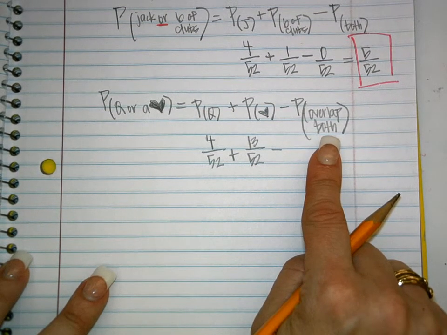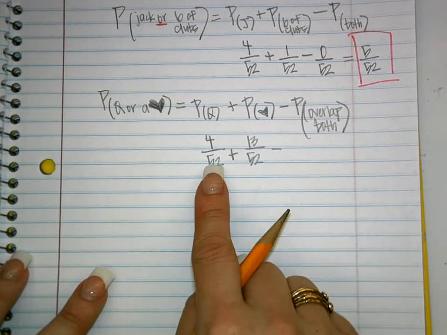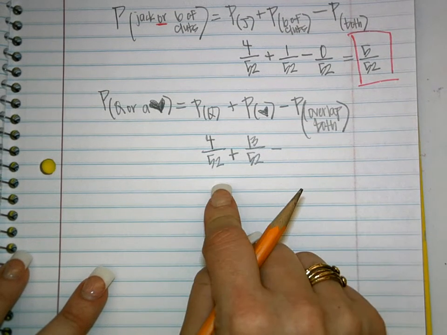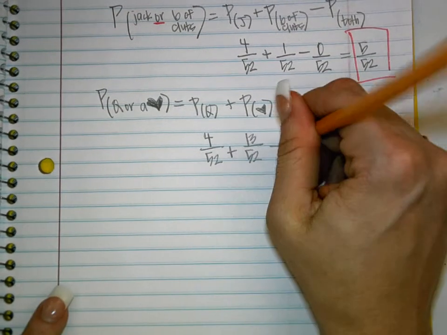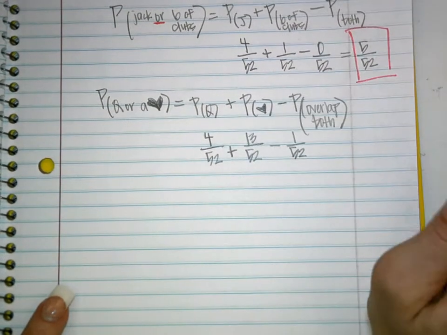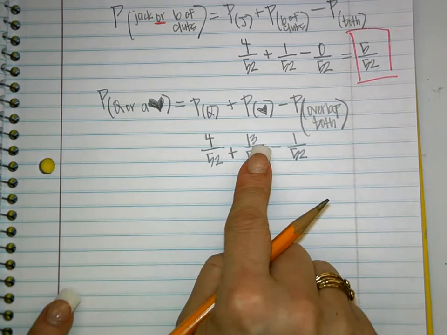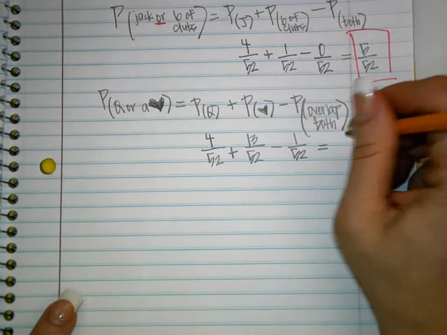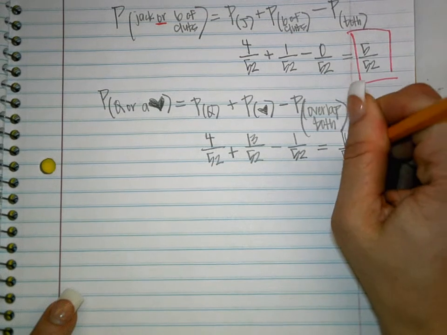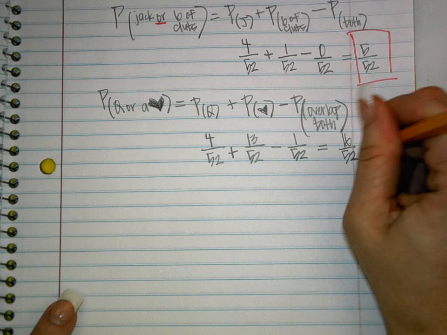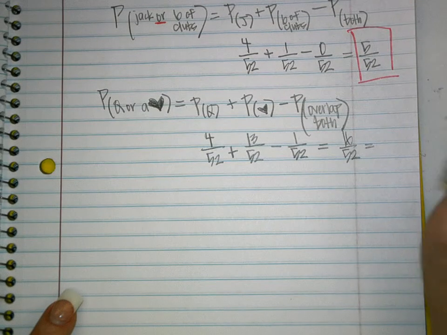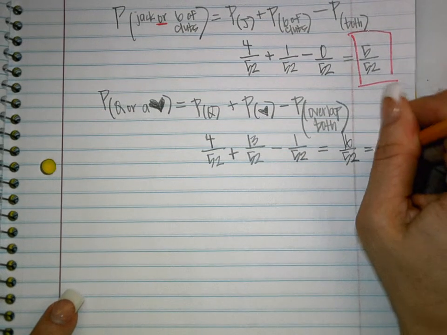If you pick all the queens and then the hearts, you've double counted the queen of hearts. So minus 1 over 52. If you work this out, 4 plus 13 is 17, minus 1 gives you 16 over 52. And what does that reduce to? 4 out of 13. That's the answer we're looking for.